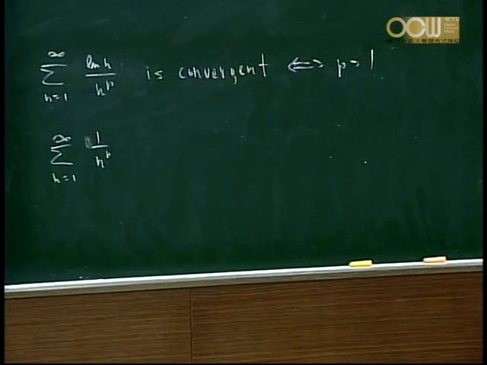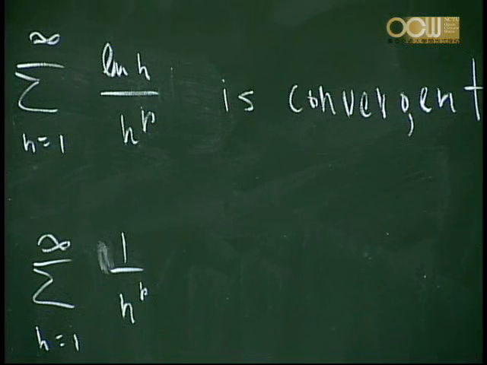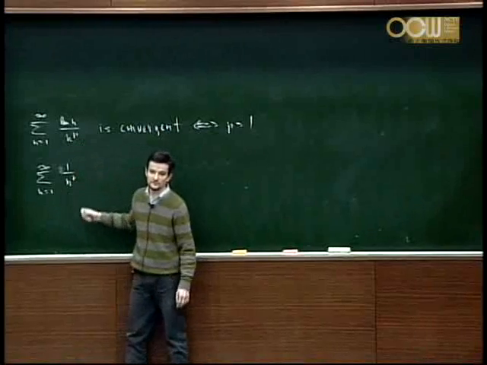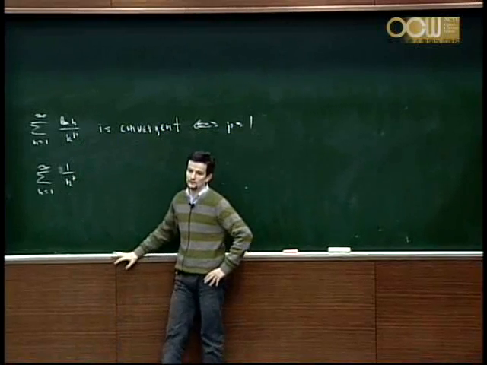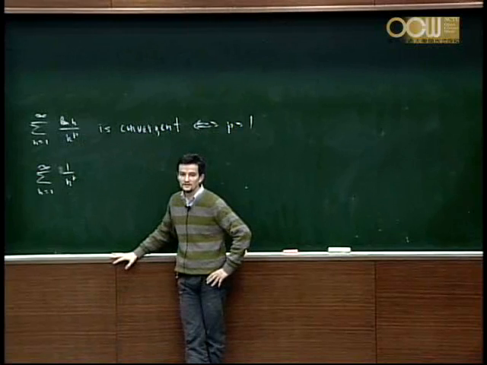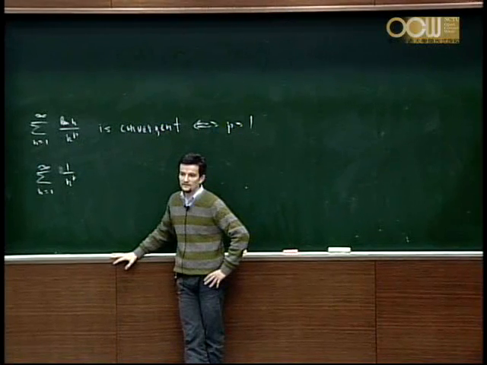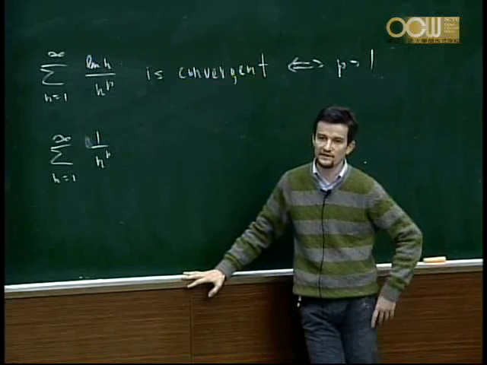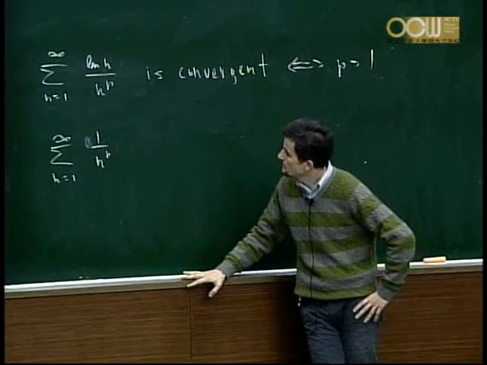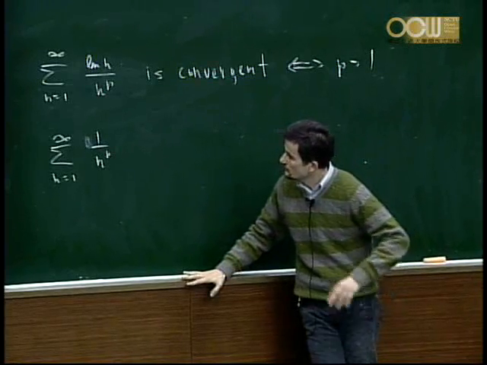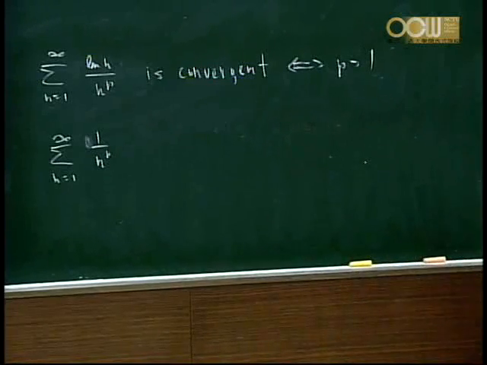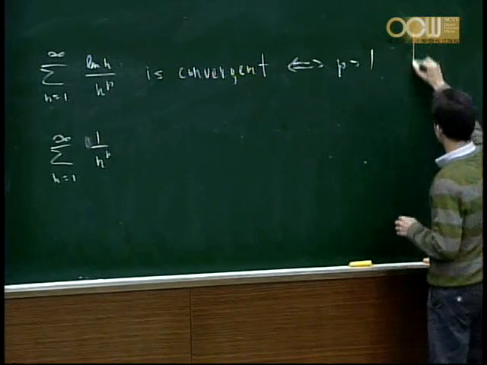Now, so far, if we use the integral test, we can determine that such a series is convergent if p is larger than 1. But as I stressed already at the beginning, another problem would be, what is the value? So for instance, for p equal to 2, what is the value? We saw already an estimate.